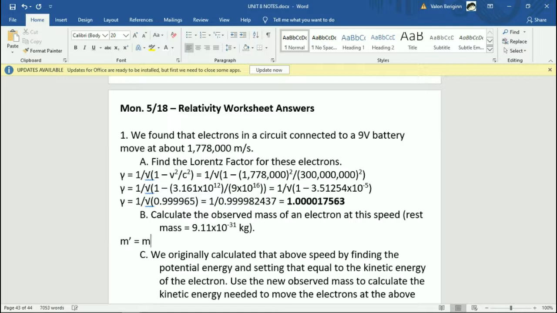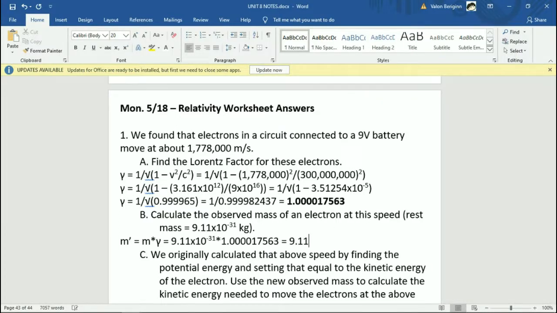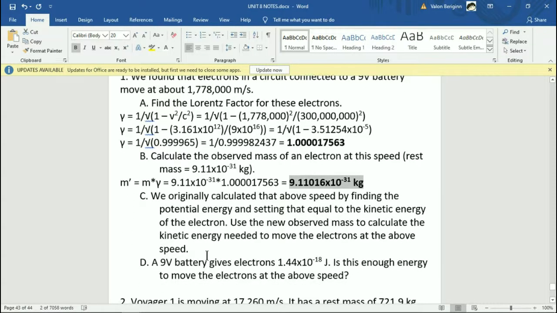That's m times gamma: 9.11 times 10 to the negative 31 times 1.0000017563. That's 9.11016, basically. So yes, it is a little bit bigger. Not a lot bigger, but a little bit bigger.